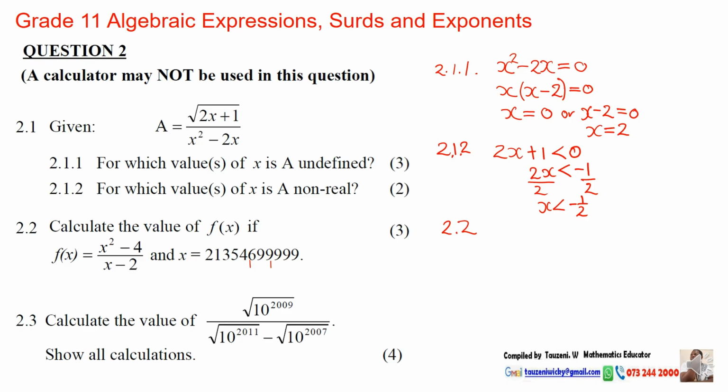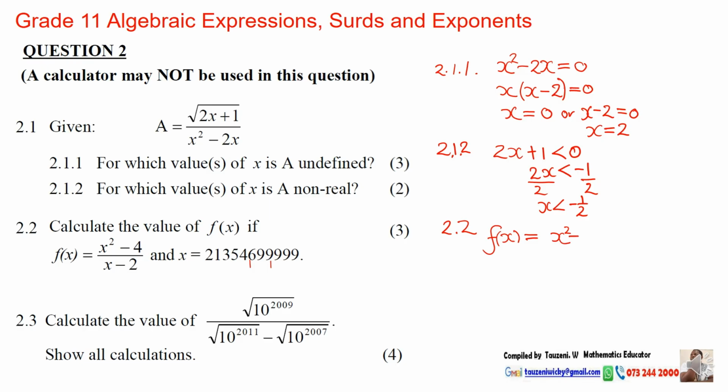Anyway, that's not important. The idea here is that we cannot use a calculator. The number is too big. Even if we put that in the calculator, it will express it in scientific notation. So we need to know how to simplify it.